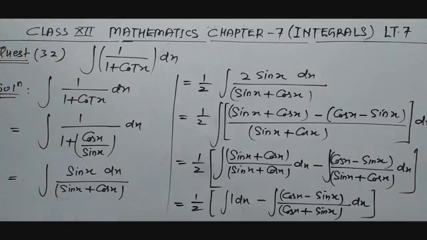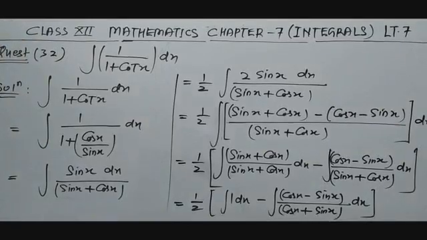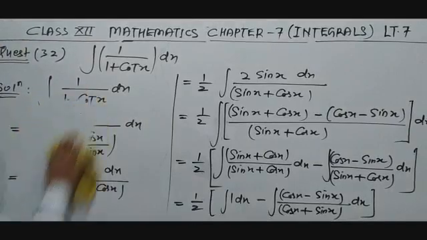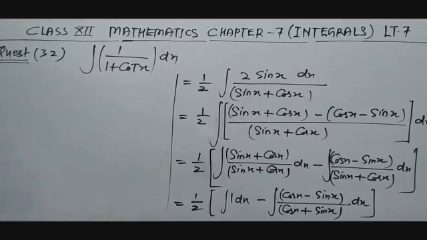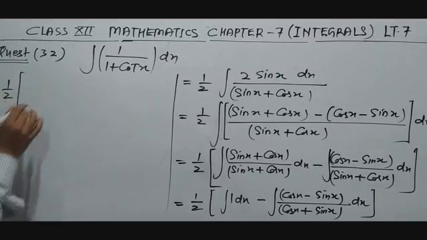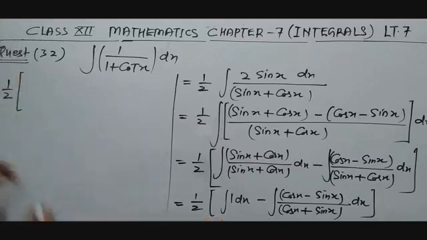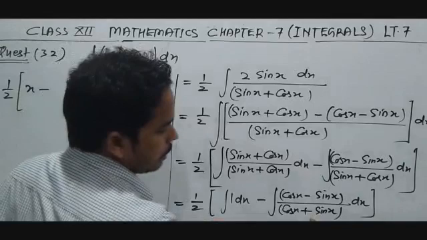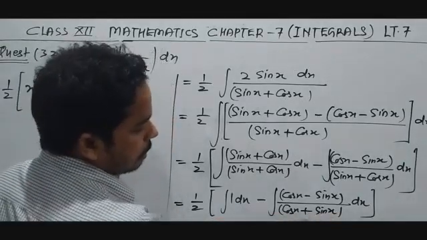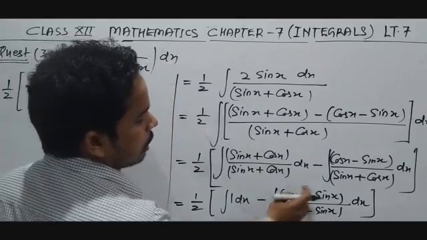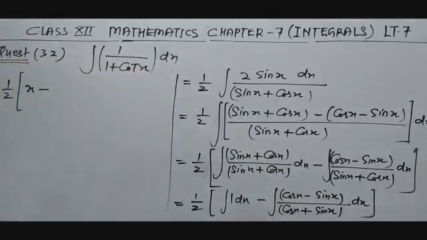Now see the next steps. So 1 by 2 in square bracket, integration of 1 dx is x, minus, you will consider t: let t be equal to sin x plus cos x, or cos x plus sin x, then the result will be (cos x minus sin x) dx.